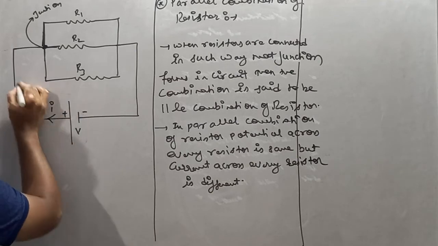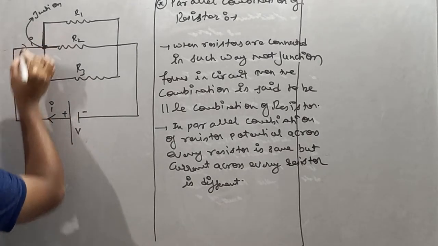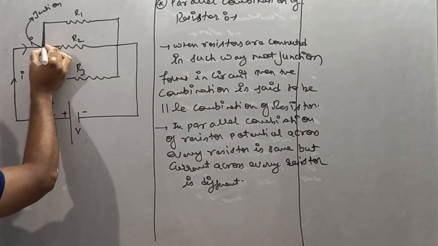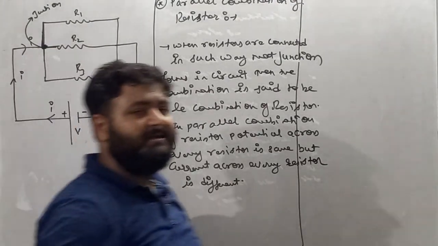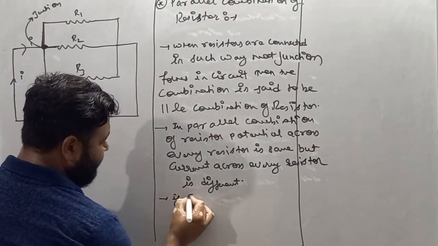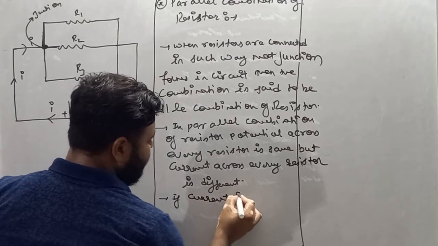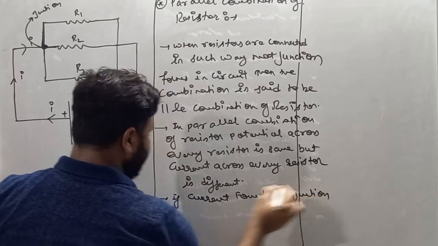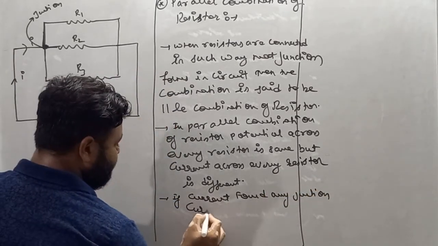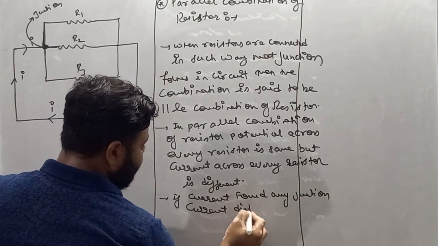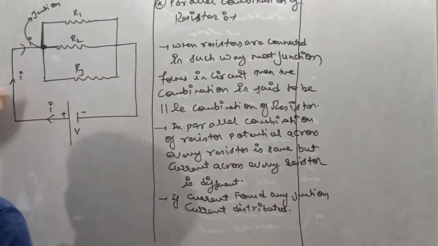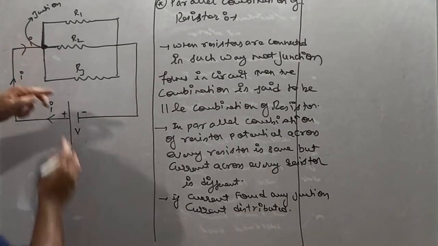We know that current flows from higher potential to lower potential. Now, my dear students, a very important point: if current finds any junction, the current distributes itself. I'll write it as a note: if current finds any junction, current is distributed.